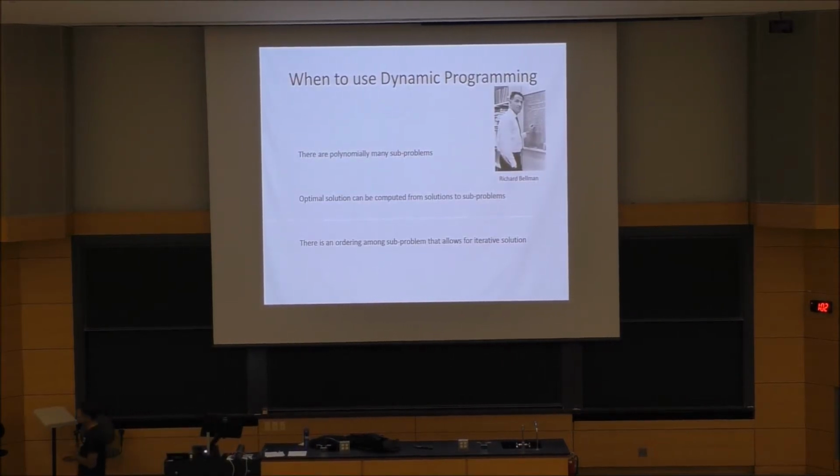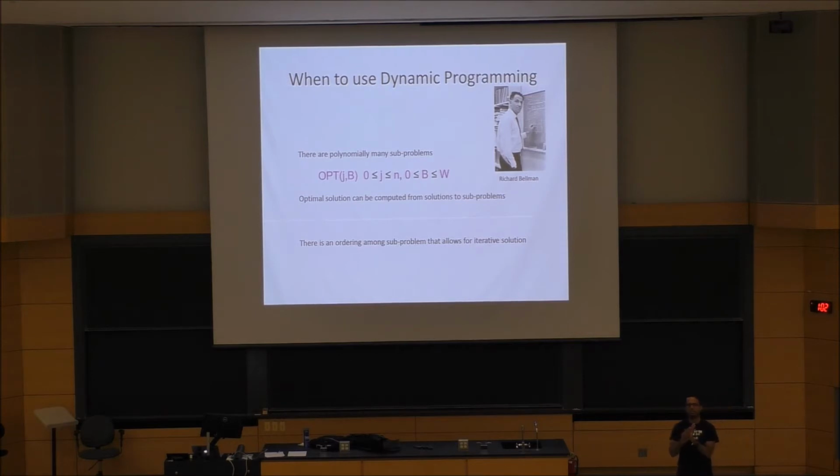So we use dynamic programming to solve this problem. And again, as a reminder, here are the 3 rules of thumb that you generally should keep in mind while designing dynamic programming algorithms. The first is you want polynomially many subproblems. So in this case, the subproblems are for all values of j from 0 to n.